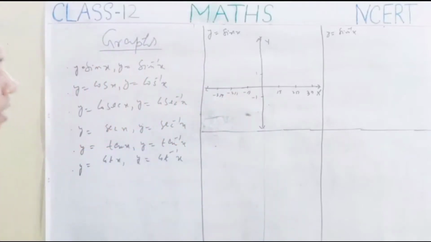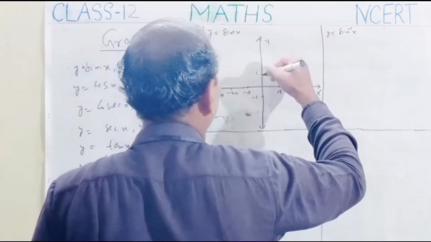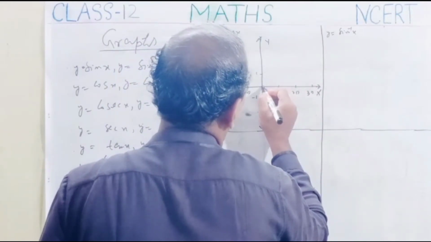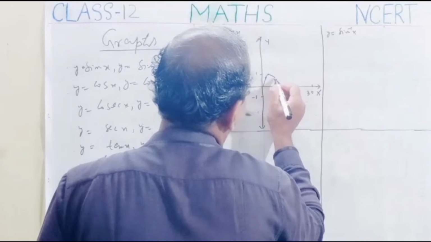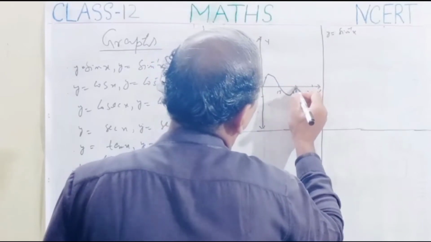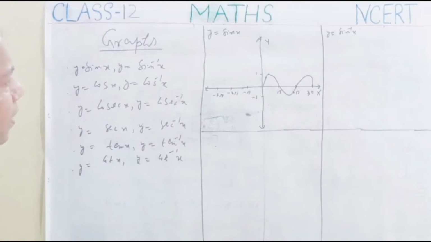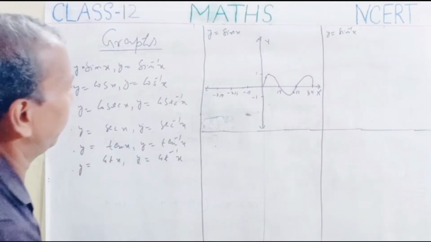You will find that at the values pi, 2 pi, 3 pi, and minus pi, minus 2 pi and minus 3 pi, the value of y is equal to sin x is 0. And the maximum point is going to be 1. So I will draw the graph in this way. At pi and at 2 pi, the values are going to be 0.